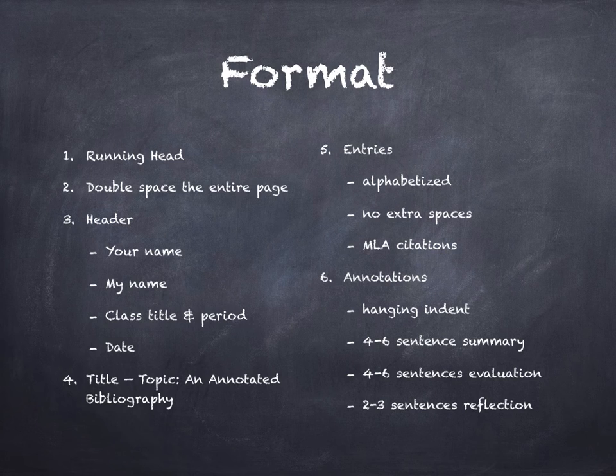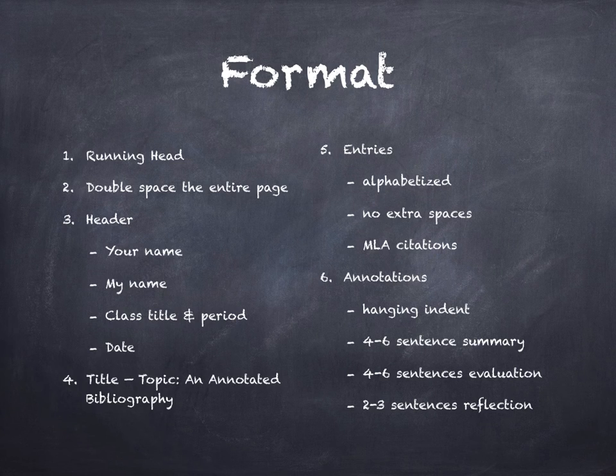You're going to have a header, which is your name, my name, the class title and period, and the date. You're going to have a title, which will be centered at the top of your page. This is your topic, followed by a colon, and the words "an annotated bibliography." For example, the Holocaust, colon, an annotated bibliography.